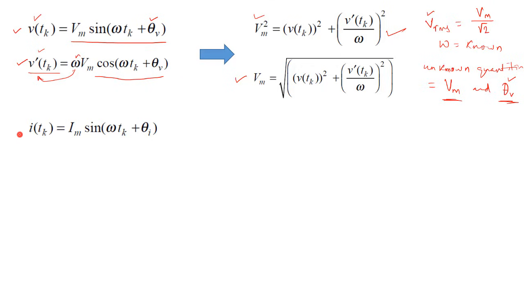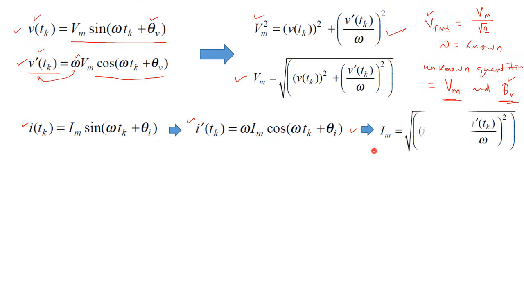Now similarly for current, if I write the instantaneous equation, I will write Im sin(omega tk plus theta I), and if I take the derivative, I dash tk will be equal to omega Im cos(omega tk plus theta I). From this equation I can find Im, similarly to the way I found Vm.